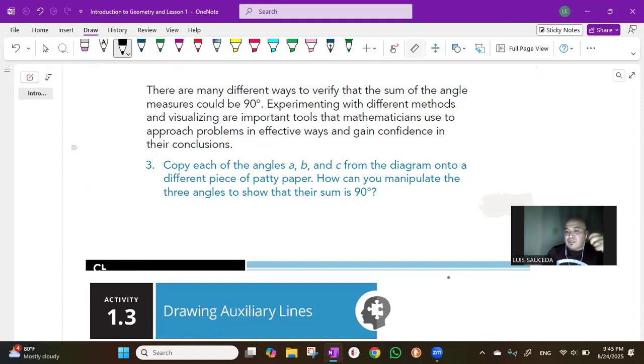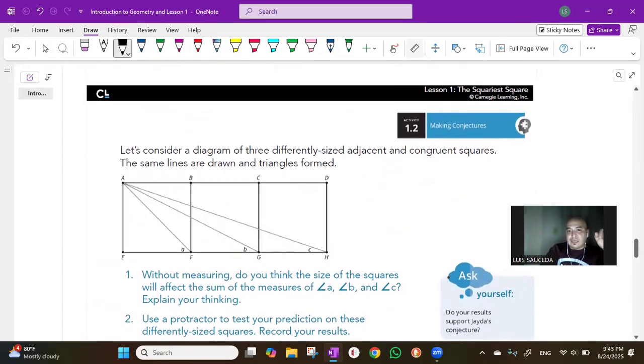So ultimately, from these two slides, we'll stop here. If you start making these, this is what we call auxiliary lines.